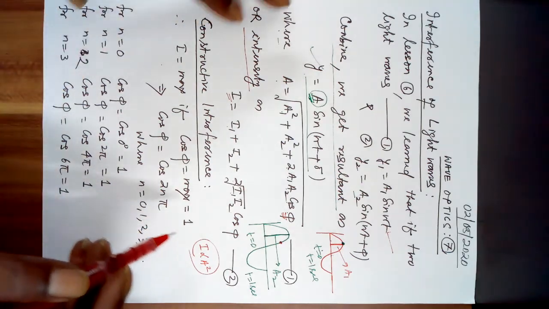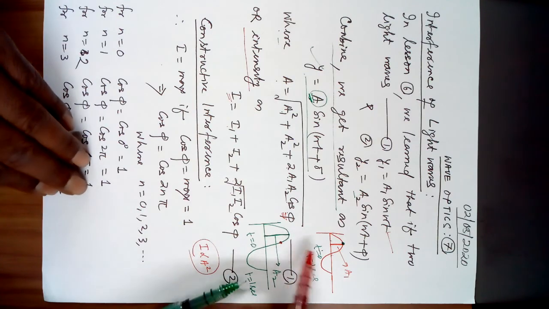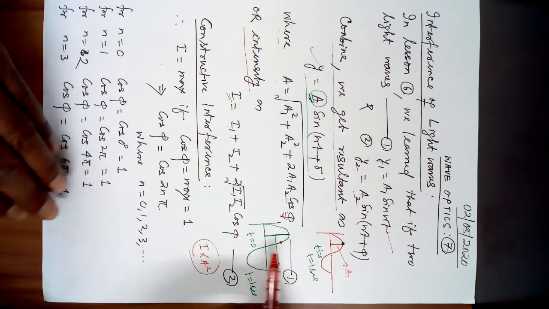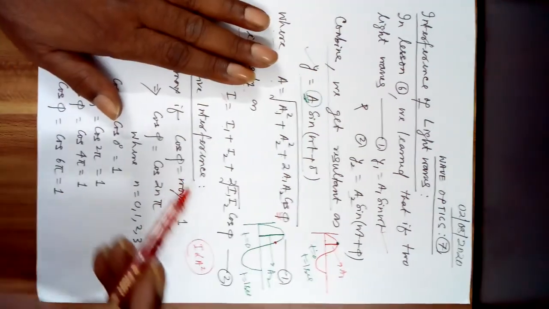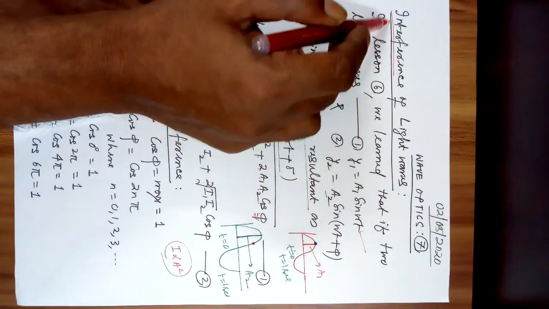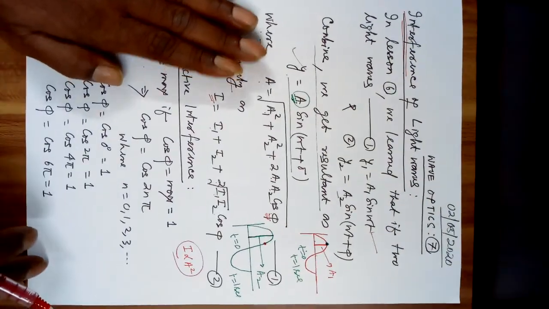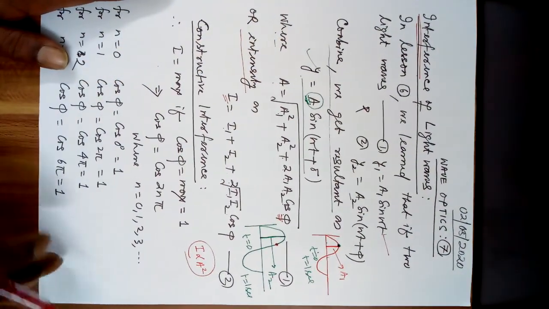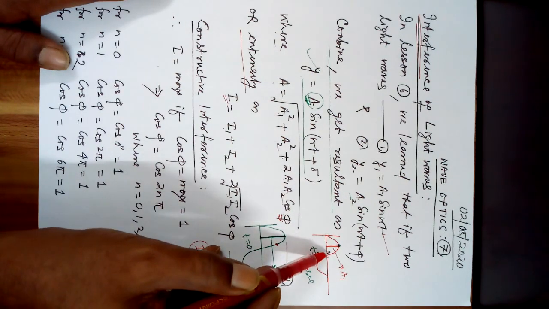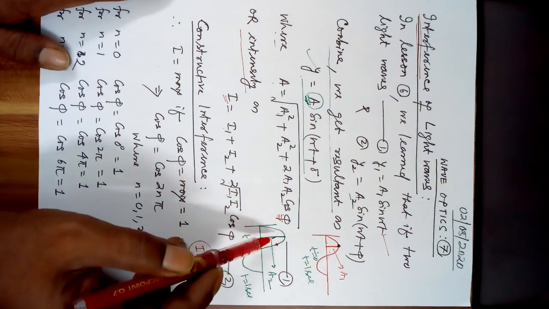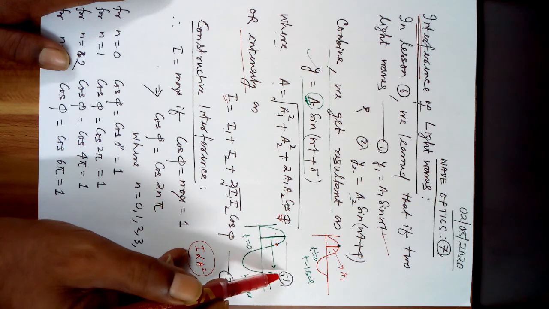This overlapping of two waves, any point of this can combine with this, that is the overlapping of the two waves. Overlapping is called interference. This wave is traveling from one point to another, this is also traveling from one point to another.